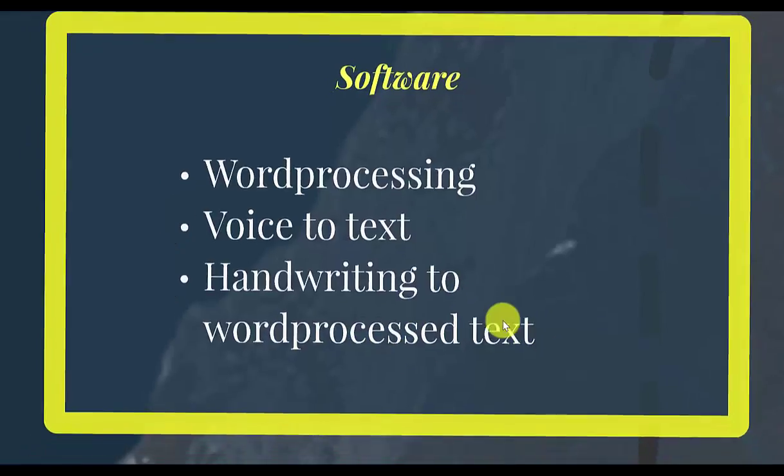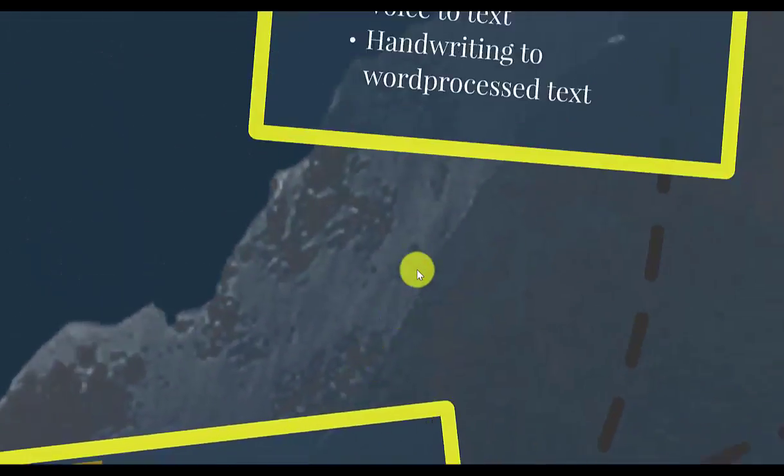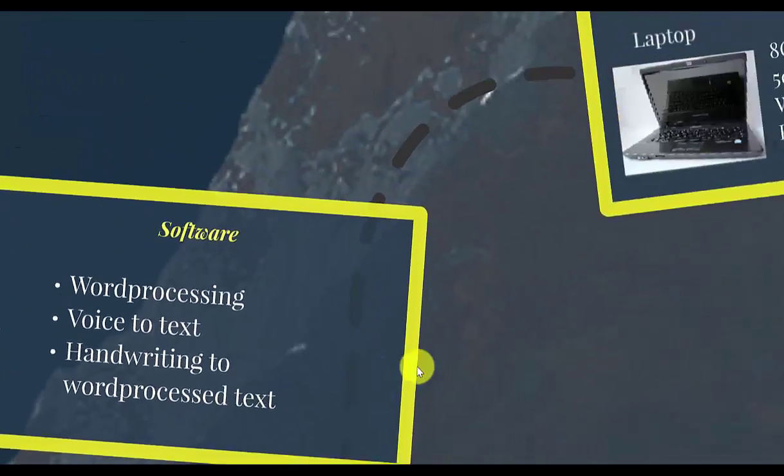So we have picked the hardware ICT tools to be laptop and smartphone, and the software to be majorly word processing, voice to text, and handwriting to text. So that's the list. Let's go to objective number 2.